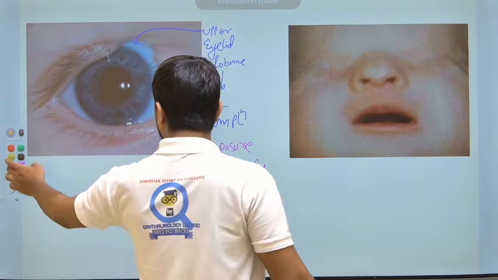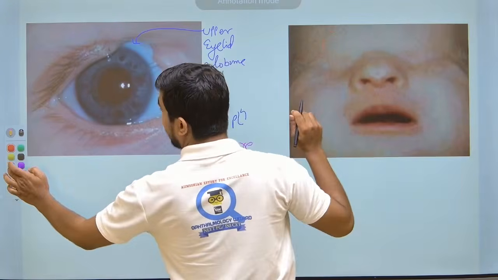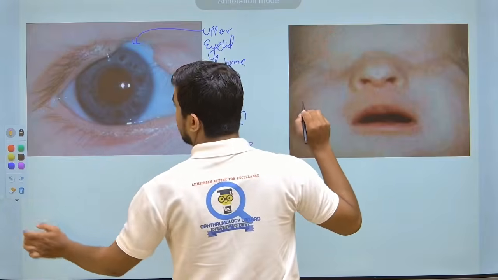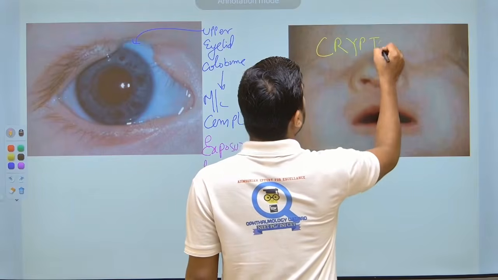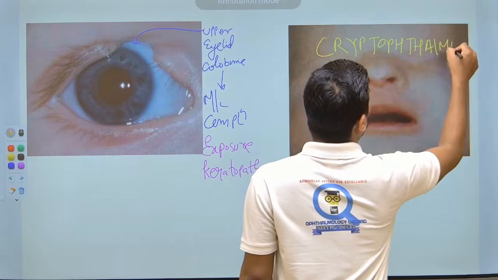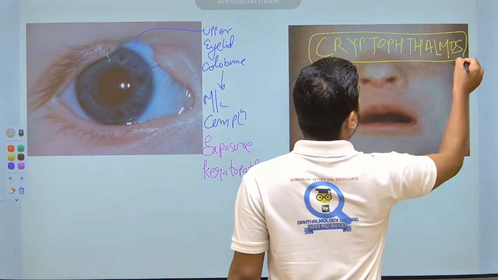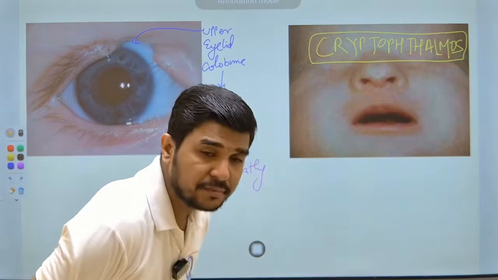So basically this condition is known as cryptophthalmos. Understood? Good.